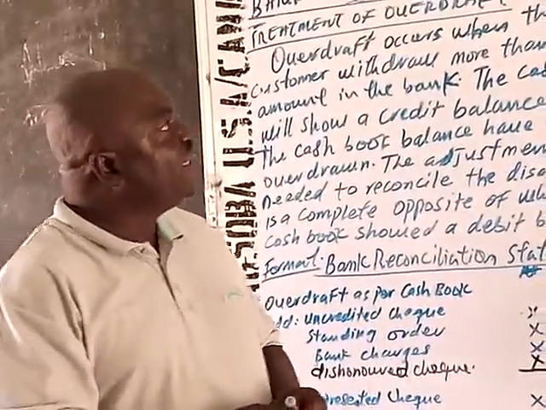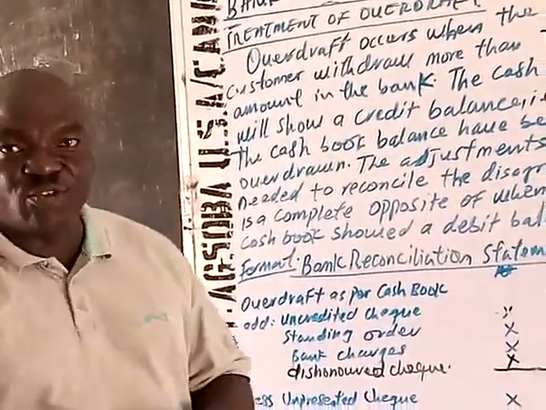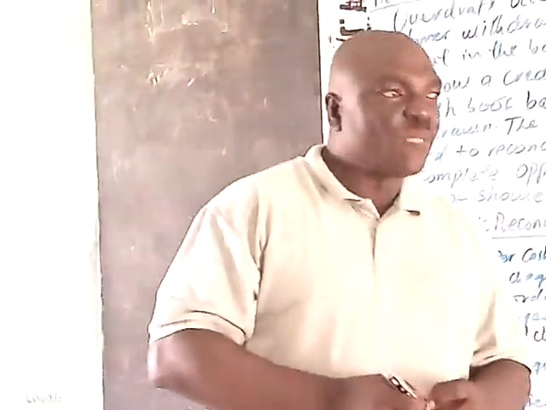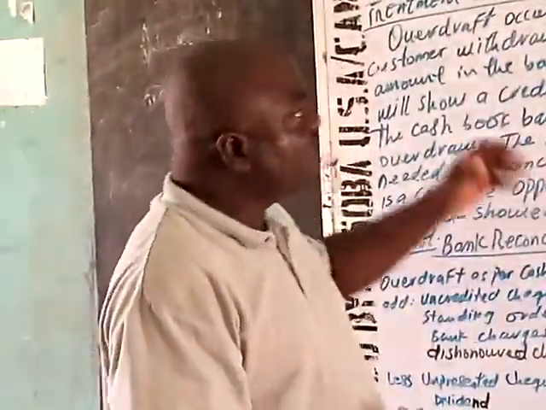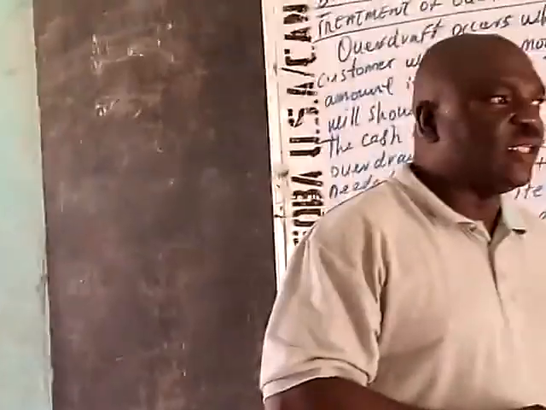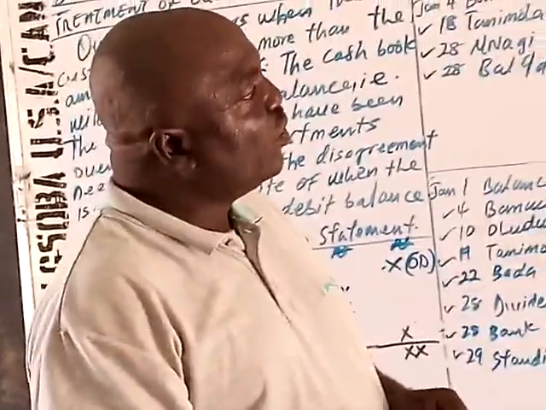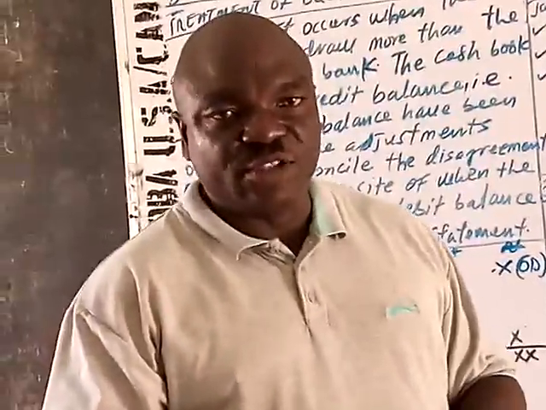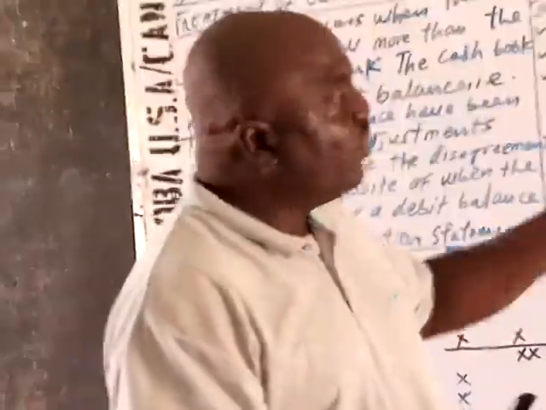Today's topic is the continuation of what we did last week, which is the bank reconciliation statement. Last week we treated this. We talked about the cash book and the bank statement, and how we are to post the items into the bank reconciliation statement. We were able to do that one.